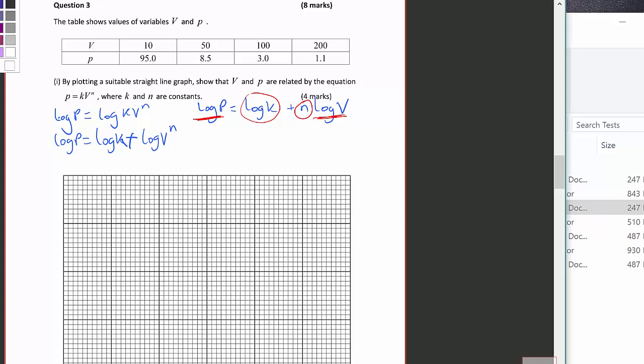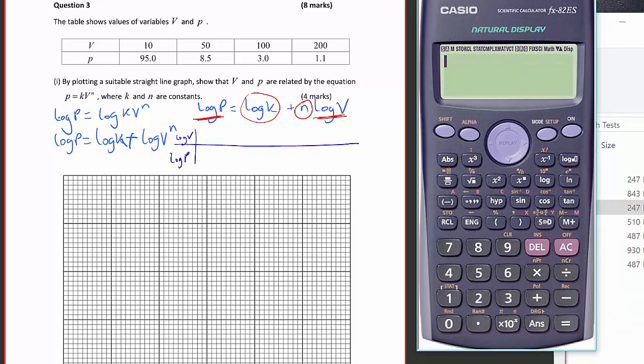So the first thing we need is a table with values. For x it's going to be log v, and for y it's going to be log p. So we'll bring in the calculator to do those values.